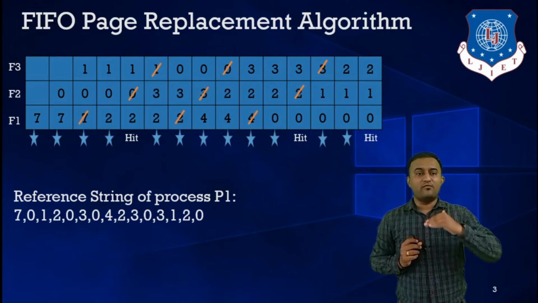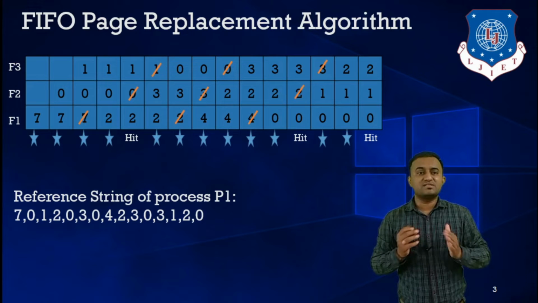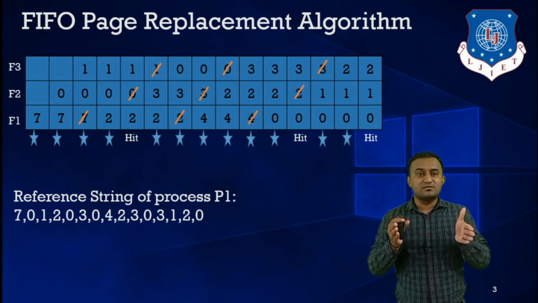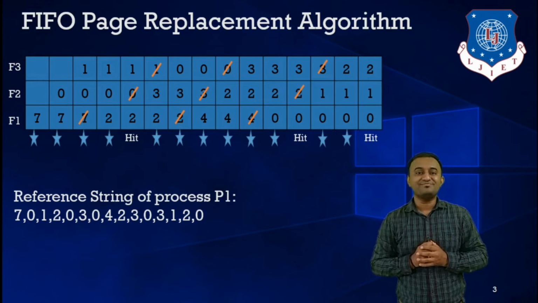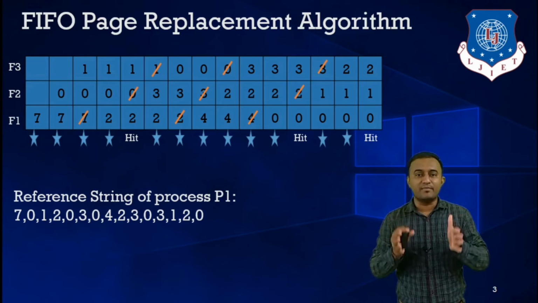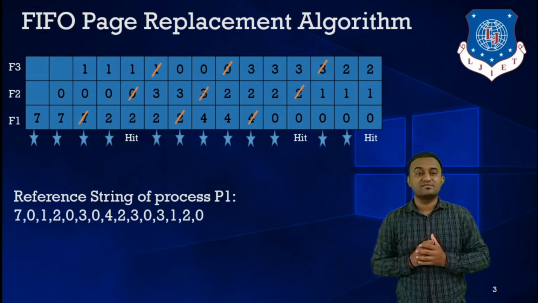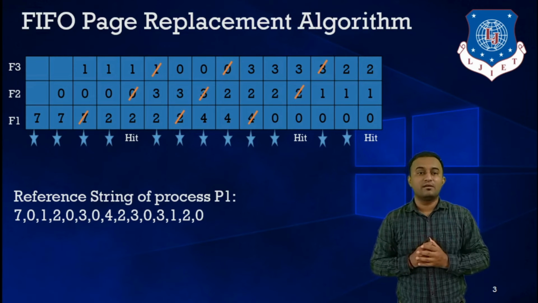These 3 are frames, and the number of frames in main memory will be given to you as input. This table area you need to consider as main memory, which is divided into 3 fixed size frames: F1, F2 and F3.